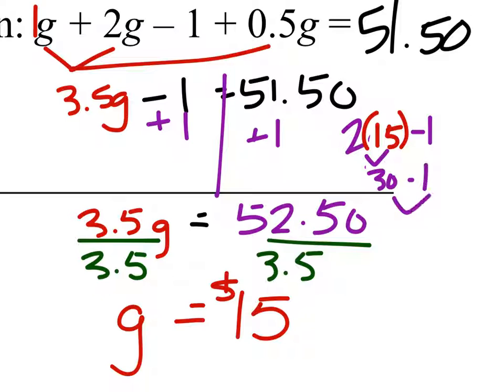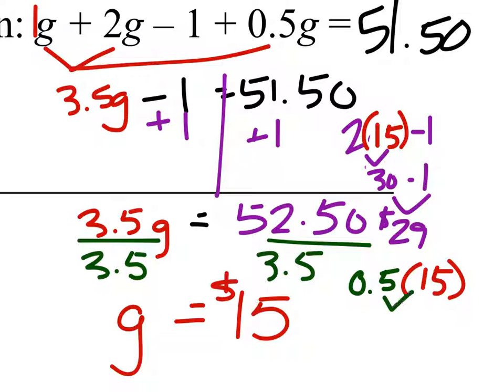And so we can see that that dude, he makes $29 in allowance. Next up is the last guy, and his was half of G, so 0.5 G. And we'll replace G with Gordy's allowance, which was $15. And half of 15 is 7.5. So he makes $7.50. So we just need to write these in sentences with the rest of our problem.